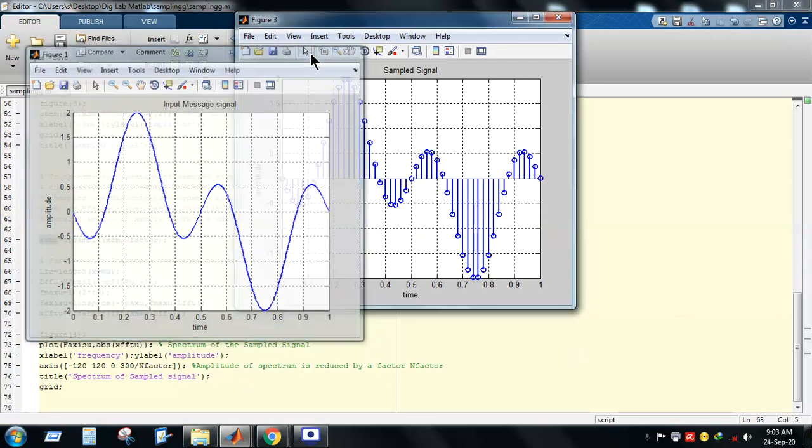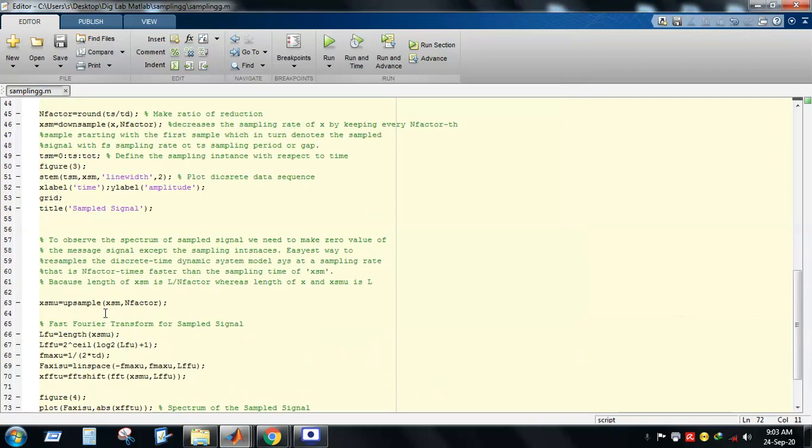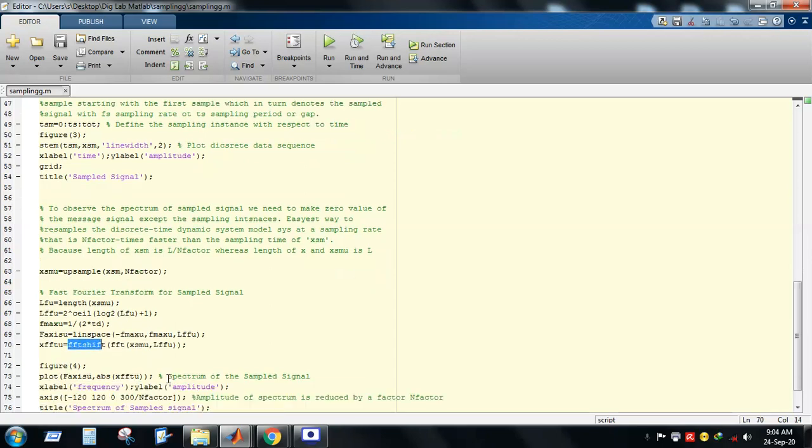Now to plot again and observe the spectrum, we use the same formula. First we take the transform for the sampled signal, calculate the length LFU, then we set the maximum limit f max u, and use the fast Fourier transform, fftshift of fft xsm LFU.